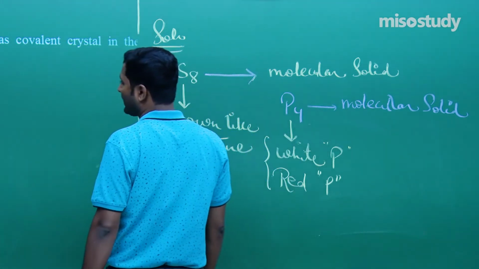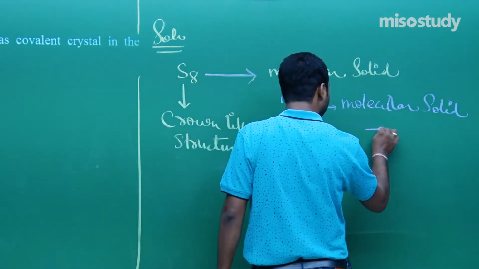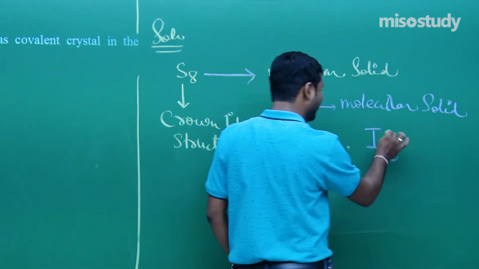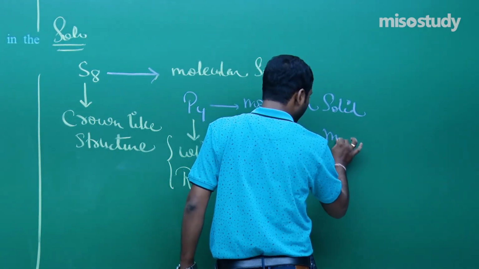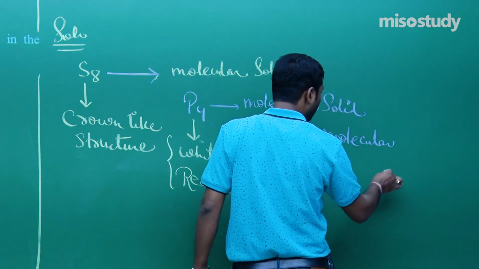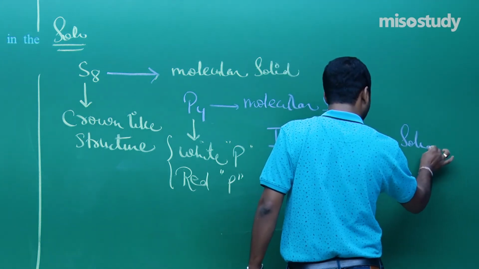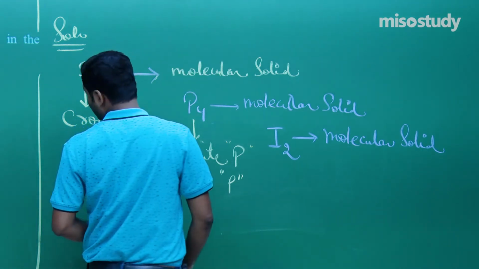Now if I talk about iodine, clear to you? Iodine, that is I2, it exists in the form of I2, and this is also an example of molecular solid. Clear to you? This is simple. But the next option is silicon.